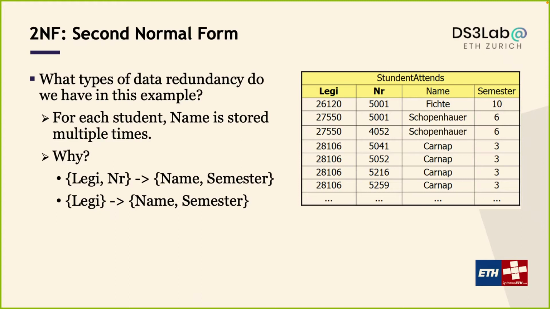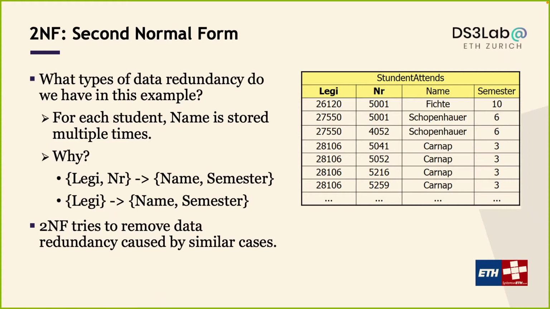For every single appearance of the same student ID, you are going to have the name and semester stored multiple times. This is a very intuitive way to think about why there's data redundancy: some functional dependency depends on part of a key. And that is the reason why we have data redundancy here.